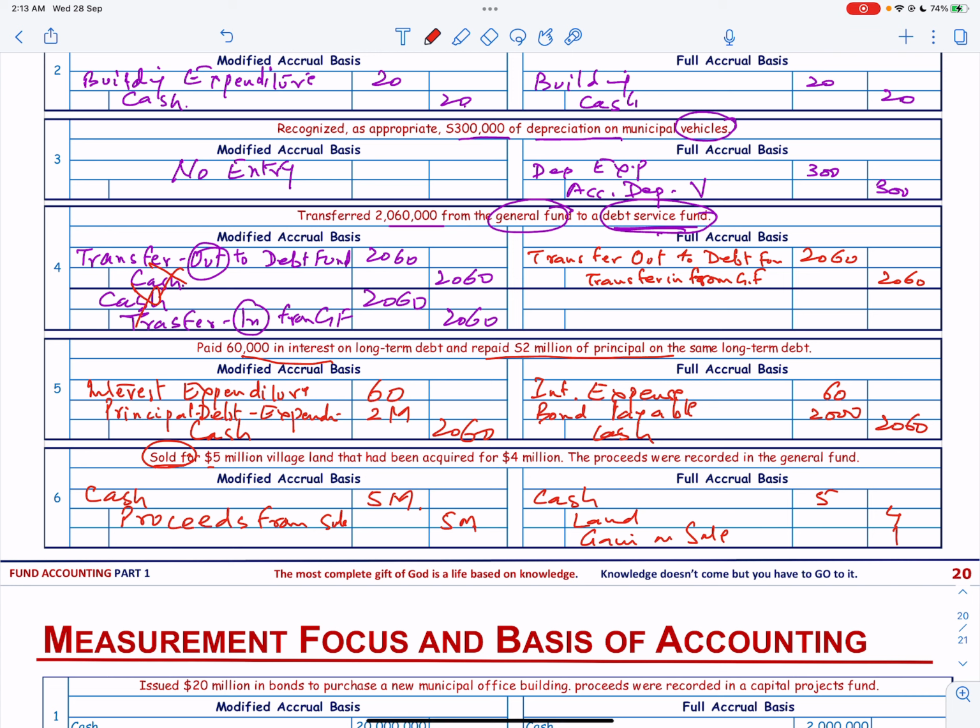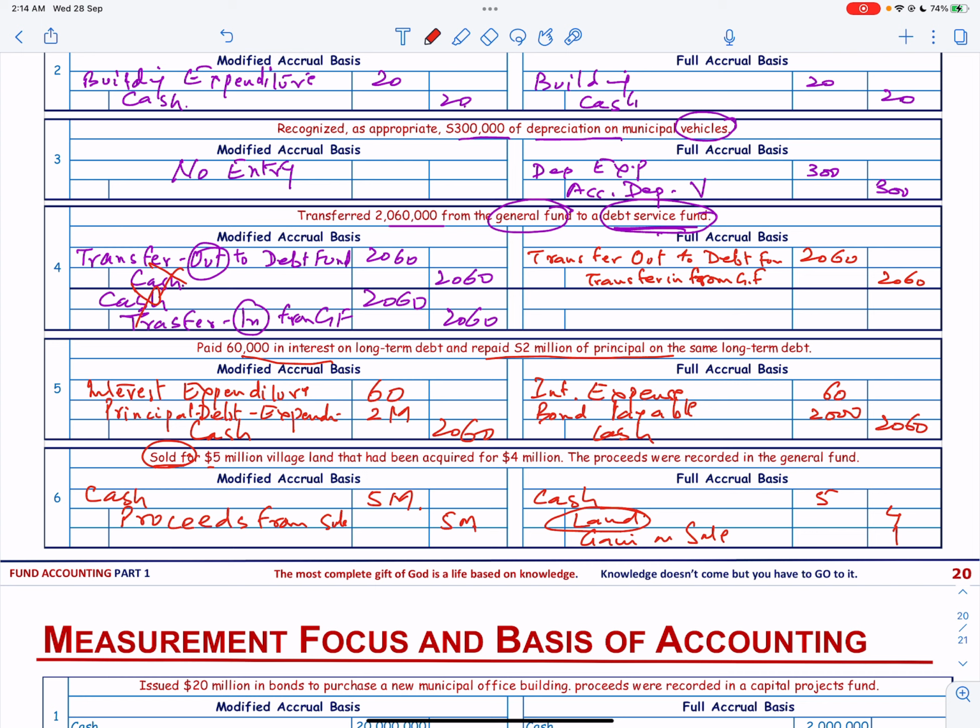As under the government wide, we are going to record the long term asset and we record the long term liabilities as well. So we can see that the modified accrual basis has a different objective than the full accrual basis. The government wide shows the big picture. It shows all the assets including long term and short term. Under the modified accrual basis, the focus is only on the short term assets and short term liabilities.